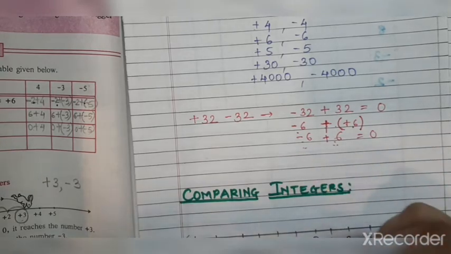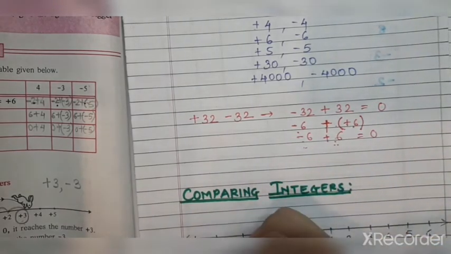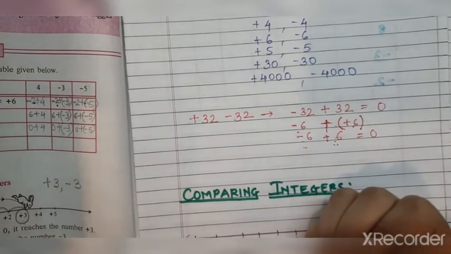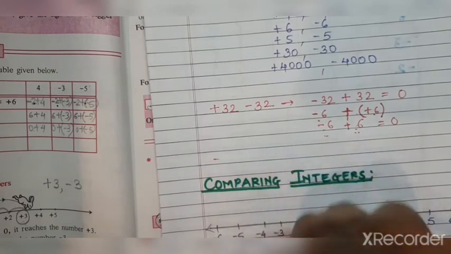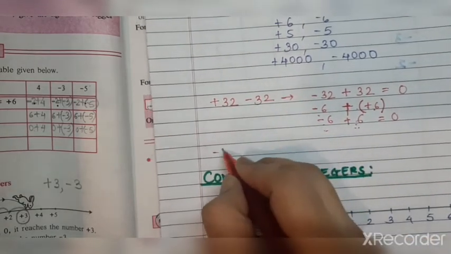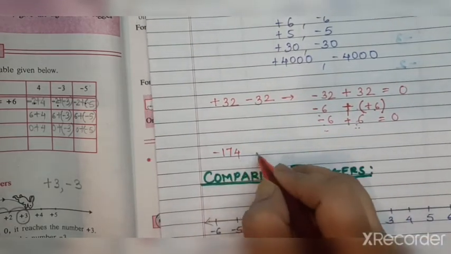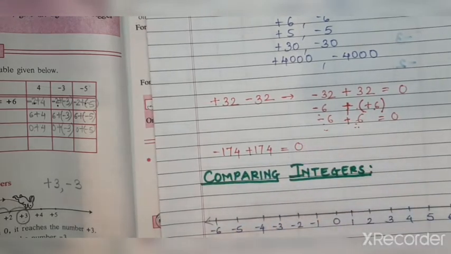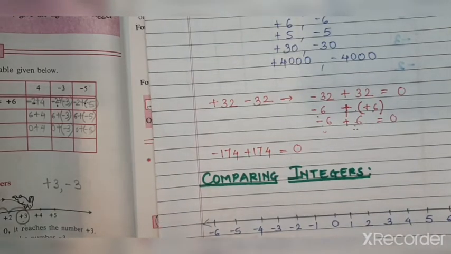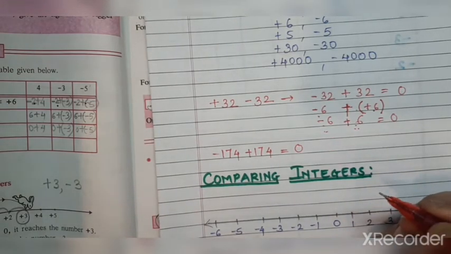Whenever you get two opposite numbers together to solve, the answer is always 0. In that case you can take any number. I take 174: negative 174 and positive 174, the answer is 0. Take any opposite numbers, and the answer is 0.